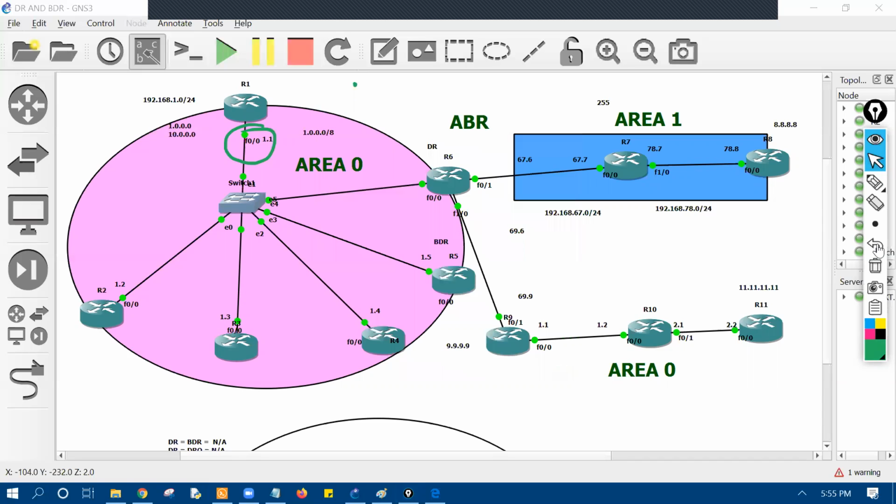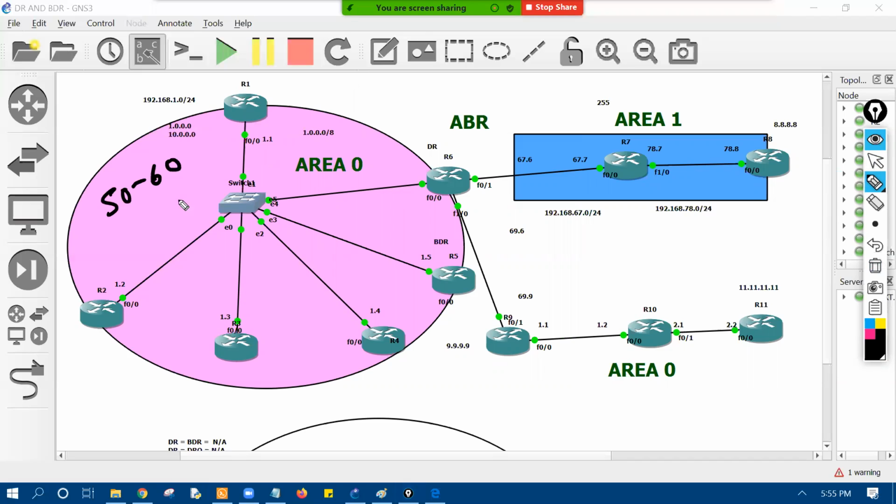And one more thing: in a single area, Cisco's recommendation is that you can use 50 to 60 routers. It's a recommendation. You can use 70 as well, but it's recommended to use only 50 to 60 routers so that the load will not increase.